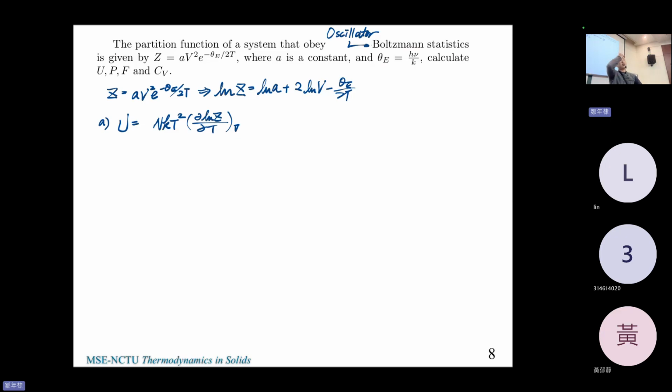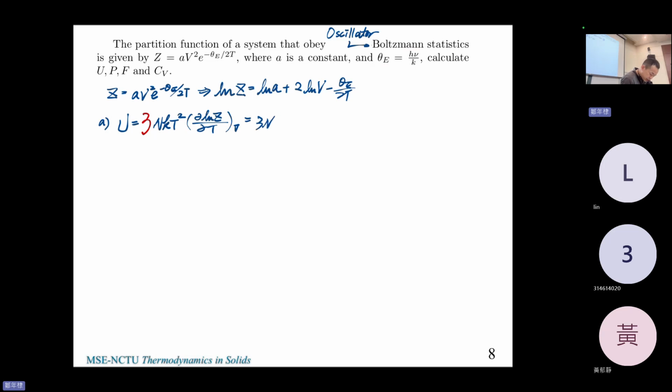When you write down the oscillator in a diatomic gas, we write down this, but now, don't forget, this is three-dimensional, 3 oscillators, so it becomes 3. So be careful about this.